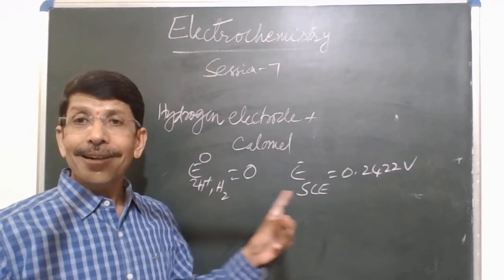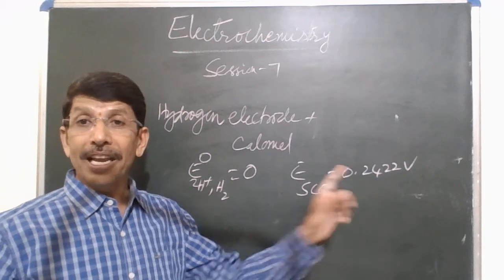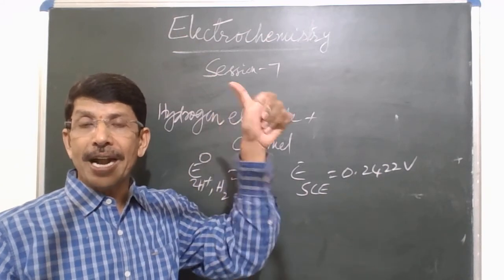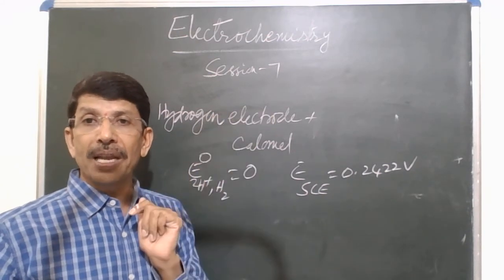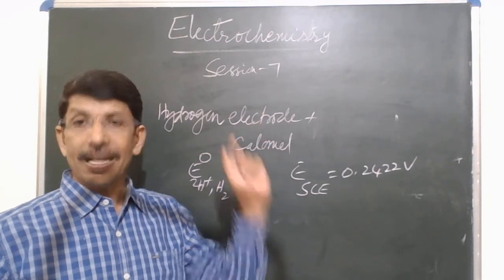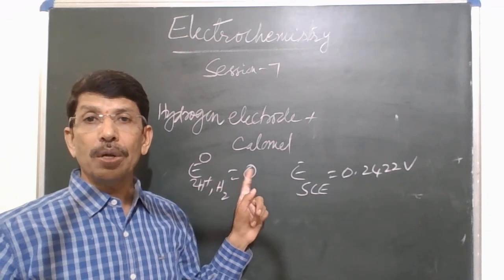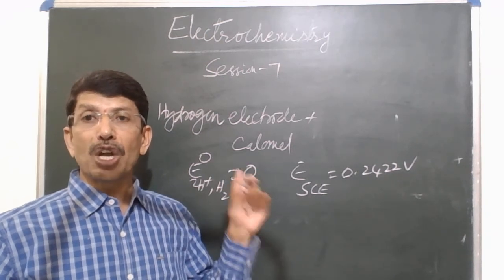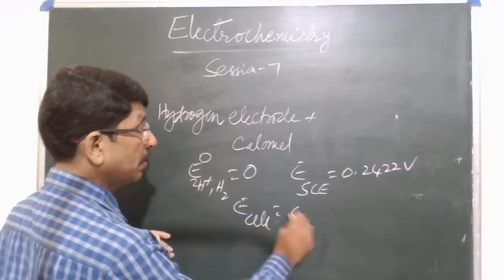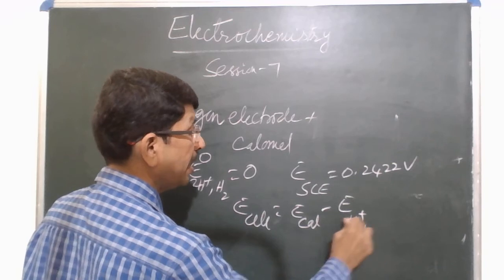When we couple the calomel electrode with the hydrogen electrode, now the calomel electrode acts as cathode. In the earlier case, with the quinhydrone and calomel electrode, the calomel electrode acted as anode and the quinhydrone electrode acted as cathode. The same calomel, when combined with the hydrogen electrode, now acts as cathode. So E cell would be equal to E calomel minus E hydrogen electrode.